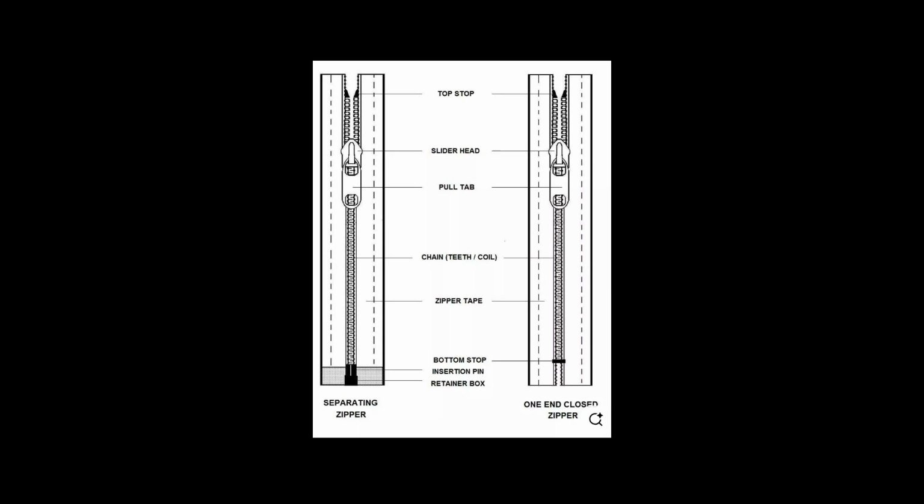In this diagram of two zippers, one is a separating zipper and the other is a one-end closed zipper. The separating zipper, of course, you see in coats and certain jackets, and the other zipper you see elsewhere in dresses, tops, and the like.